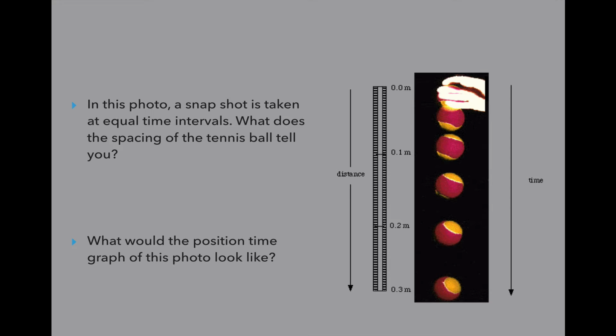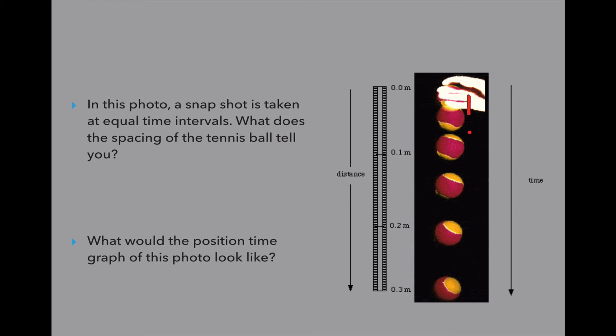So in this photo, a snapshot's taken at equal time intervals. It's not necessarily every second, but maybe every 0.1 or 0.2 seconds. The spacing of the tennis ball tells us that as time goes on, the ball actually increases its velocity, because we can see over here that this first picture, the balls are actually overlapping.